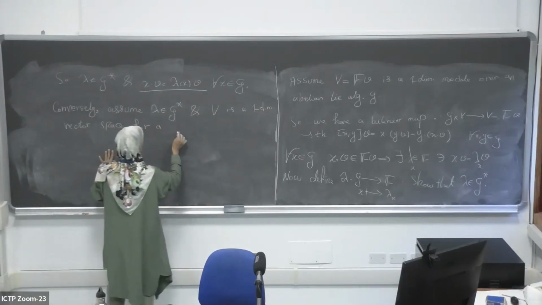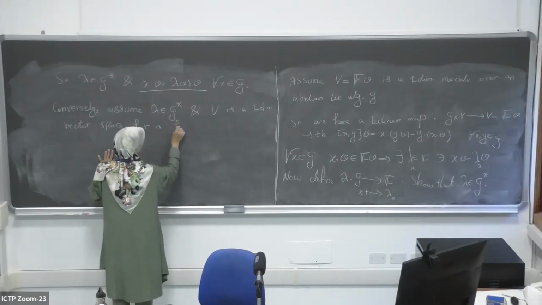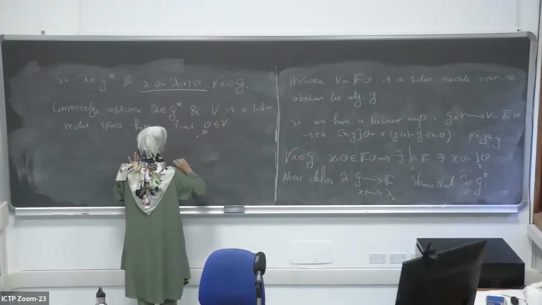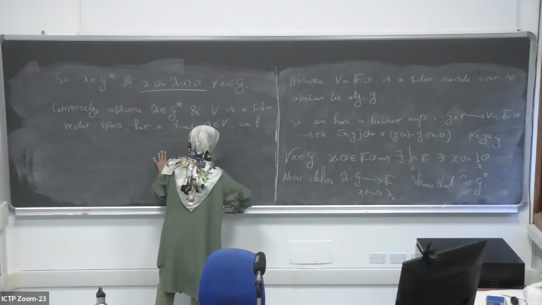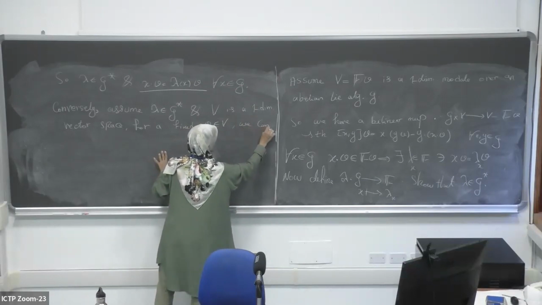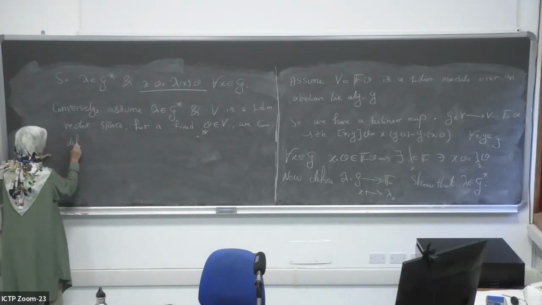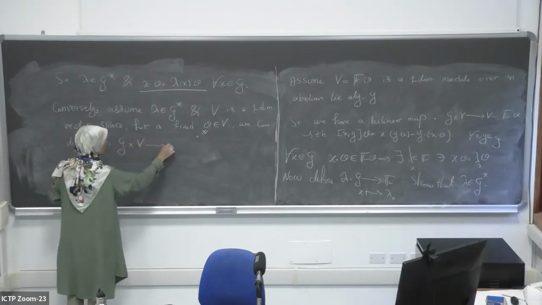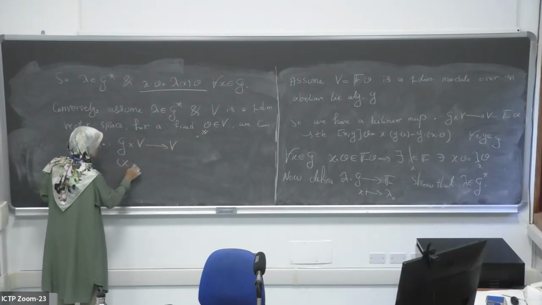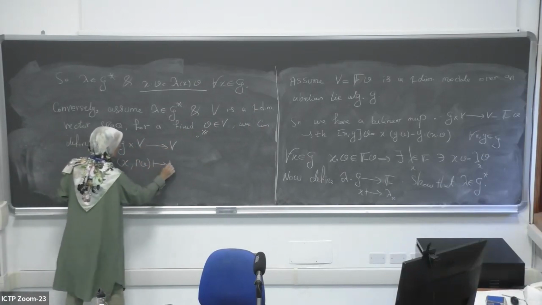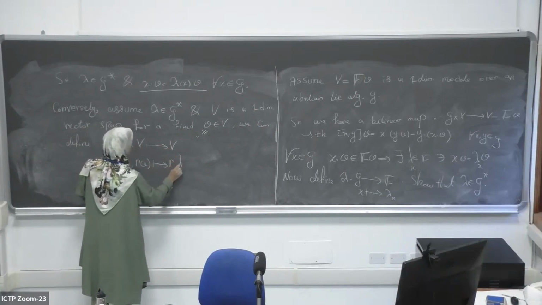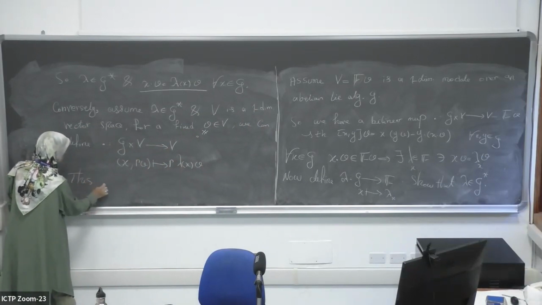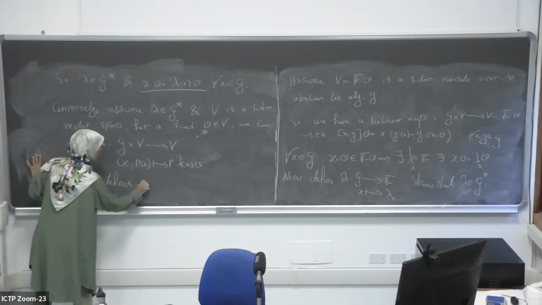For a fixed non-zero element v of V, we can define a map from G times V to V, mapping x, v to lambda x v. We find a G module.